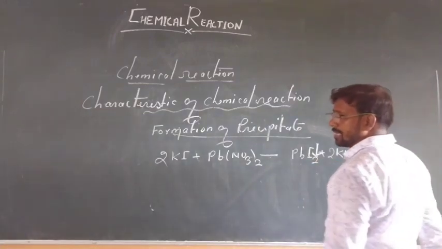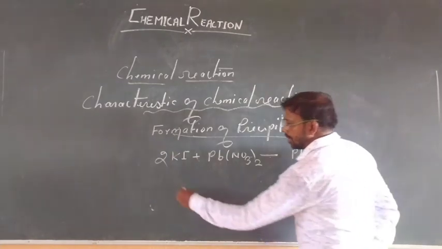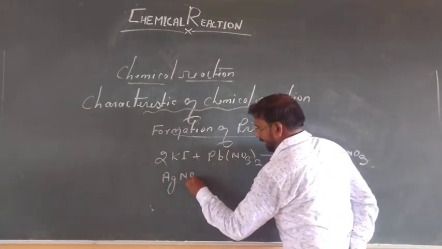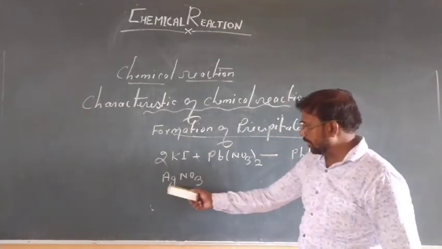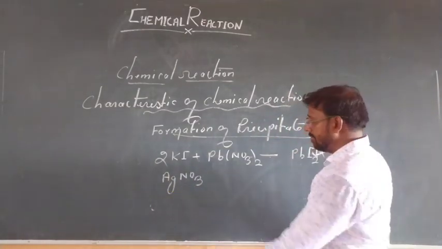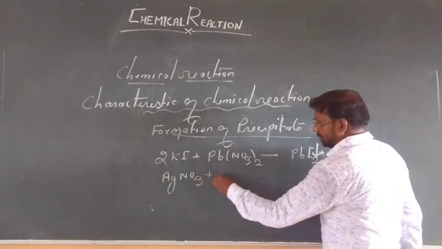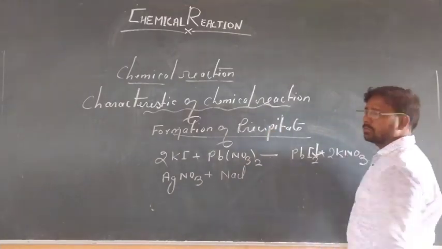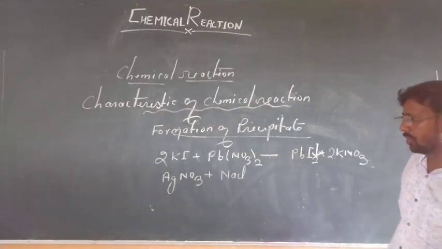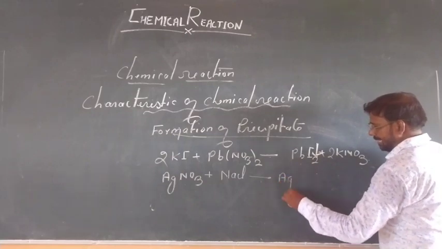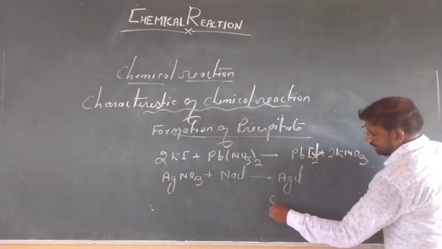One more example I am going to give you. AgNO3, silver nitrate. Ag means silver, NO3 means nitrate. Silver nitrate reacts with sodium chloride. What will form? AgCl, silver chloride.